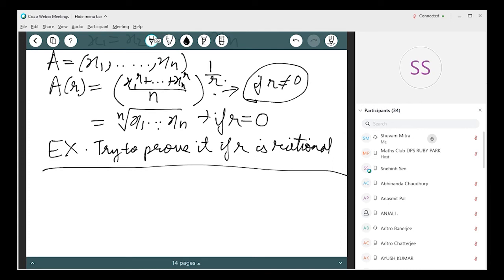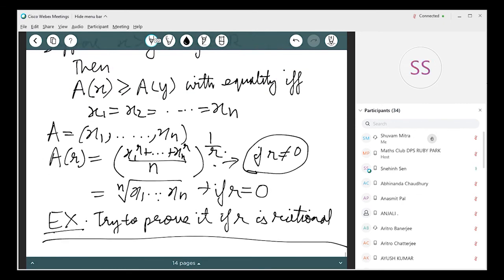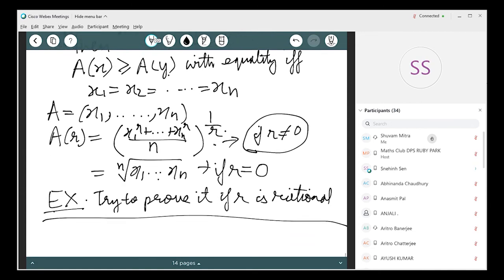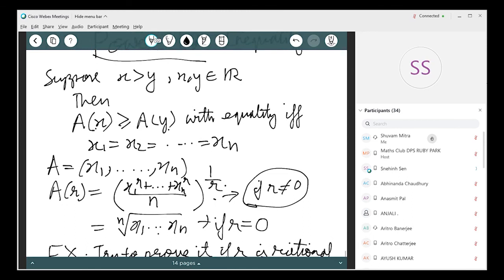You need to prove this power mean inequality, this exercise, right? You're referring to this exercise, right? Yes. You need to prove this power mean inequality for the case when x and y are rational numbers, instead of x, y belonging to reals.